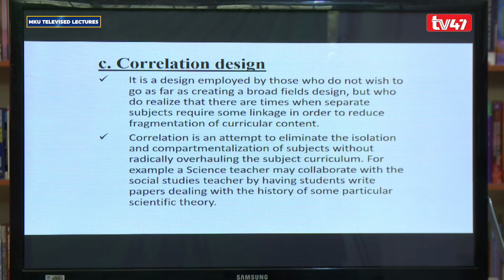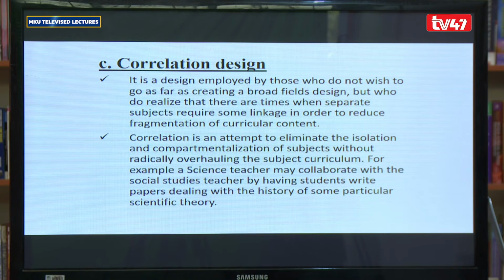This one is a design that is employed by those who do not wish to go as far as creating a broad fields design, but who realize that there are times when separate subjects require some linkage in order to reduce fragmentation of curriculum content.